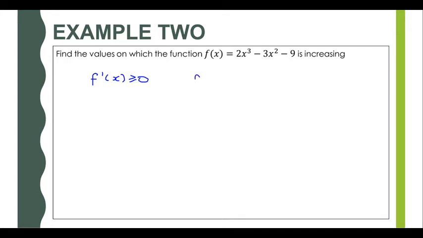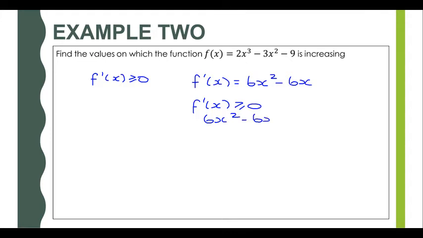So times by the power and take 1 off gives us f dash of x is equal to 6x squared minus 6x. And we know that f dash of x is greater than or equal to 0 because it's increasing. So 6x squared minus 6x must be greater or equal to 0.